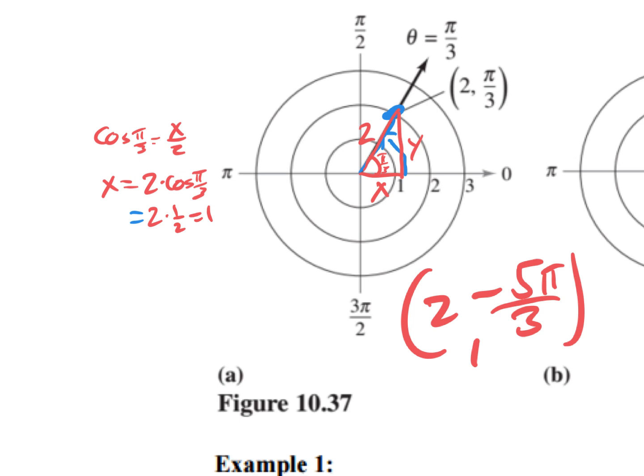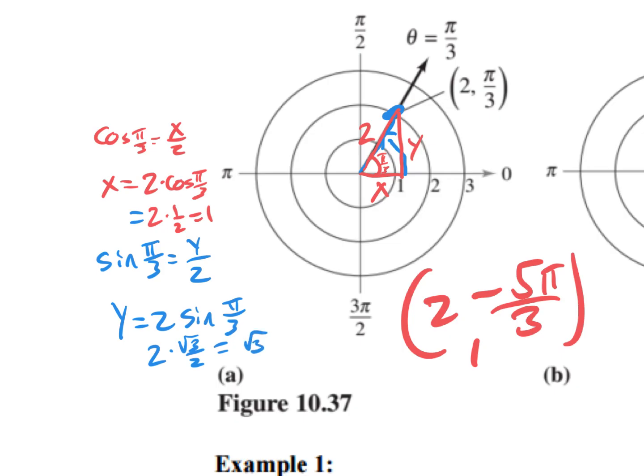We find y using sine, which is opposite over hypotenuse, so the sine of our angle is y over 2. So y is 2 times the sine of pi over 3. The sine of pi over 3 is root 3 over 2, so 2 times root 3 over 2 is root 3. Our coordinates for this point in rectangular coordinates are 1 comma root 3.